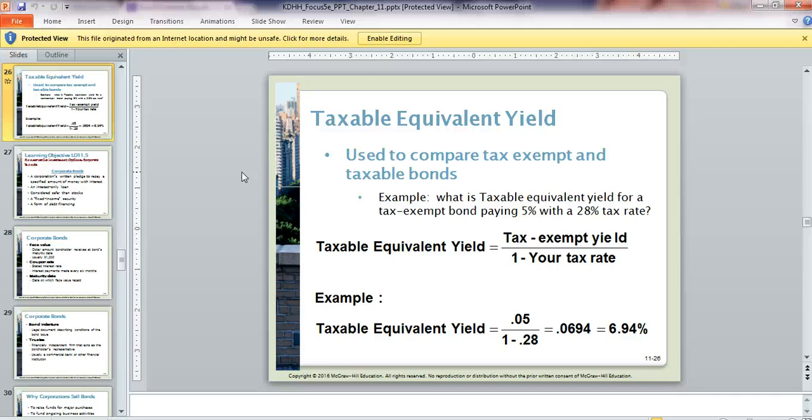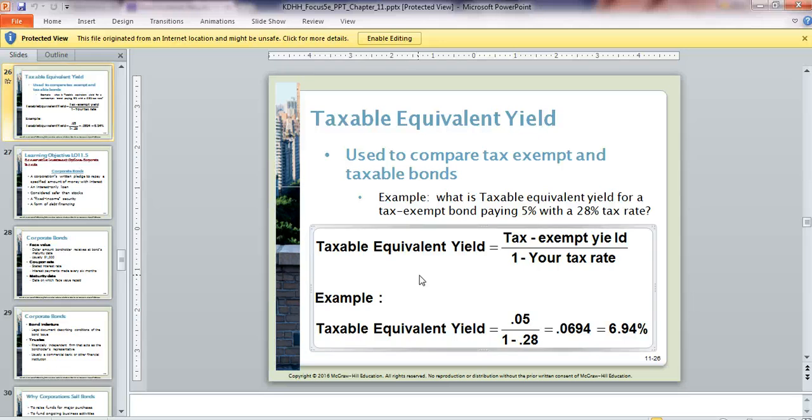So the interest earnings you don't have to put on your tax return in the income portions of the 1040. They may also be state tax exempt if you live in the state where the bond is issued. So that's a huge savings. The interest you earn on these bonds is not taxable.